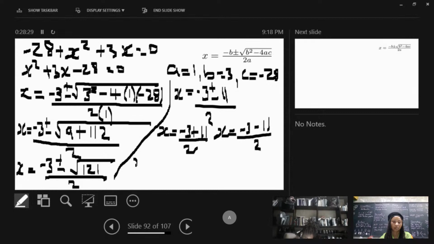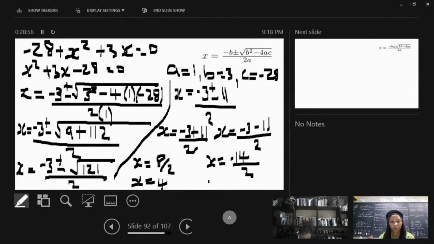Negative 3 plus 11 is 8, so it's 8 over 2. So x is 4. And negative 3 minus 11 is negative 14 over 2, and that's negative 7. So x is equal to negative 7.